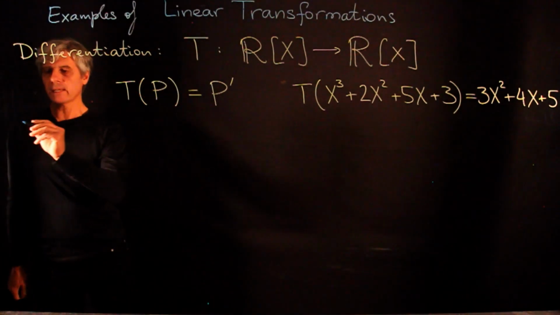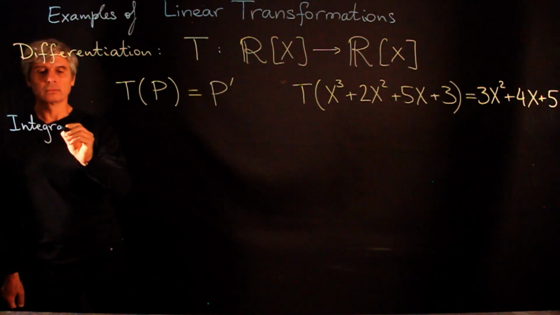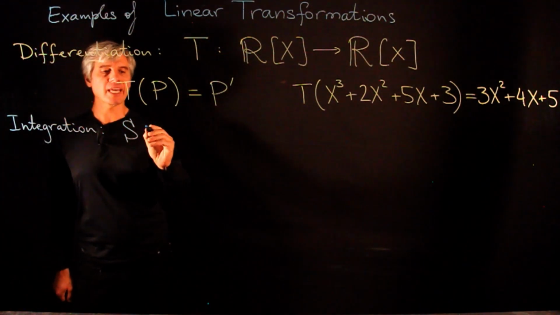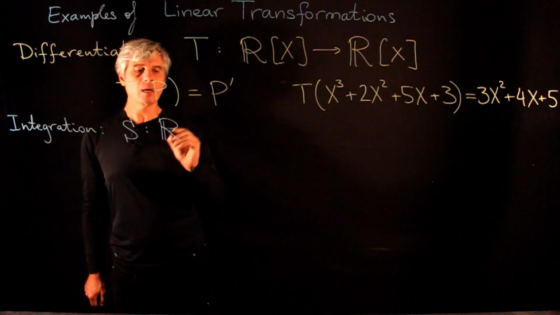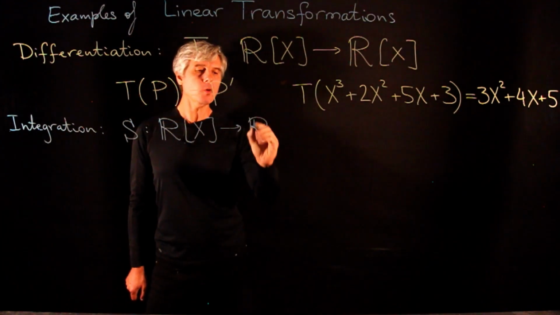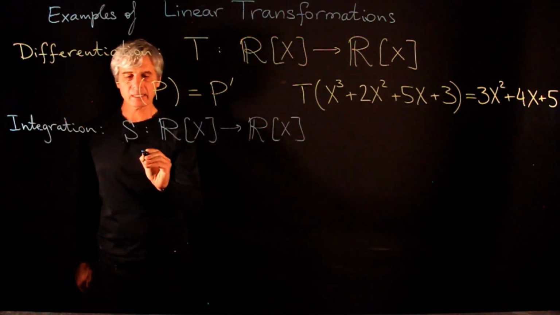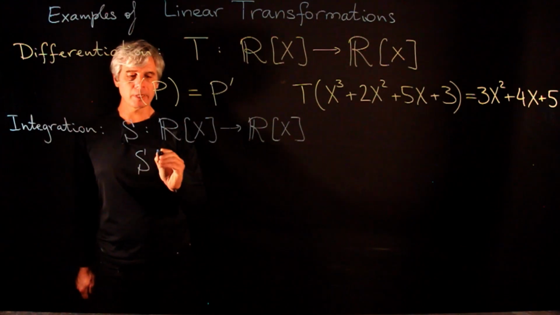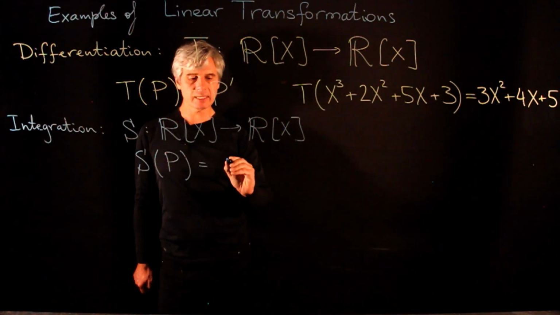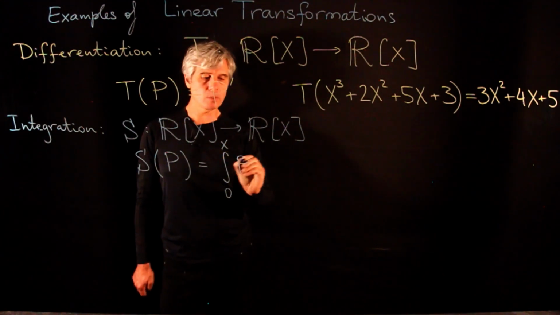For our next example, let's take integration. Let's take a transformation S from R of X, the space of polynomials, into the space of polynomials, where S of a polynomial P is defined as the integral from 0 to x of P of t dt.